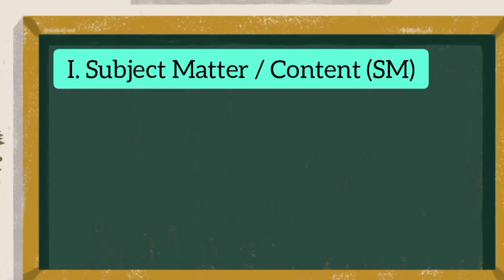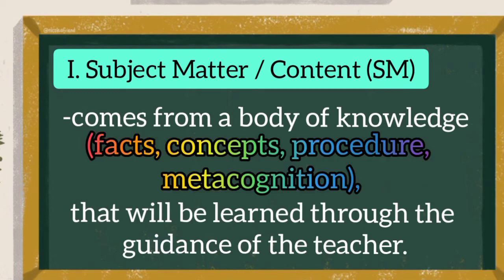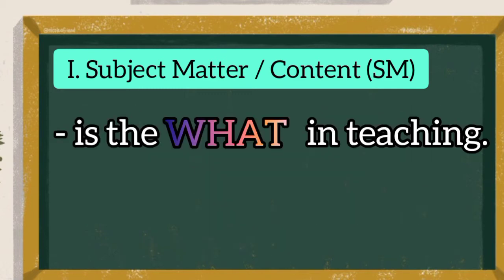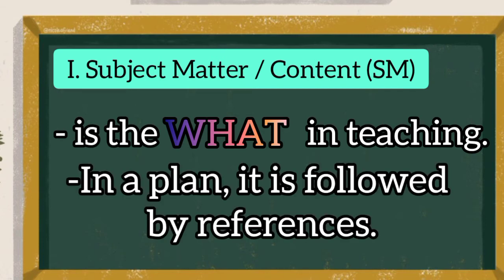It comes from a body of knowledge, fact, concept, procedure, and metacognition that will be learned through the guidance of the teacher. Subject matter is the what in teaching. In a plan, this is followed by the references.